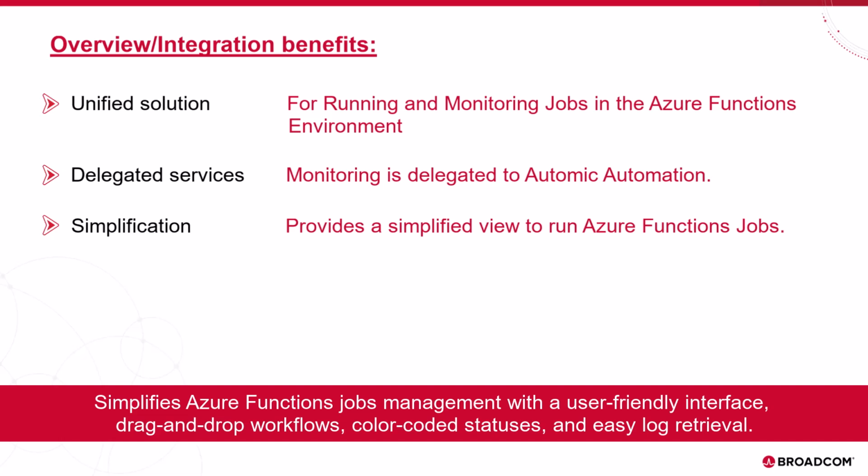Automic Automation lets us build configurations with intuitive interfaces like drag-and-drop workflows and supervise processes in simple dashboard tools designed natively for operations. Statuses are color-coded, and retrieving logs is done with a basic right-click. From an operations perspective, Automic Automation highly simplifies the configuration and orchestration of Azure Functions jobs.